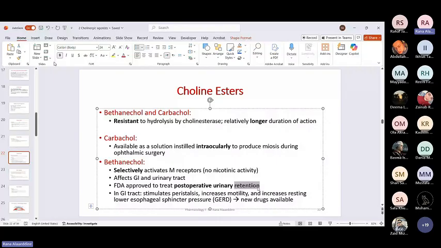Some of those drugs are plant alkaloids. What do I mean by plant alkaloids? Those are drugs that are extracted from plants. Guys, do you know nicotine?